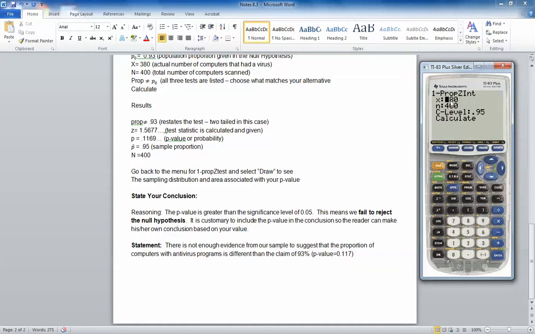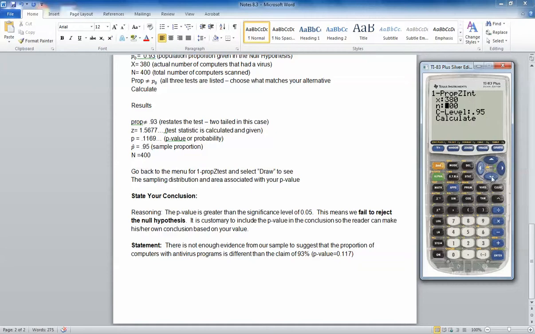Based on our sample, notice I don't have the population proportion in here at all, but based on our sample of 380 out of 400, I'm going to choose a confidence level of 95. I had a two-tailed test, right? So a confidence level of 95% would mean I'd have 5% in between the tails.